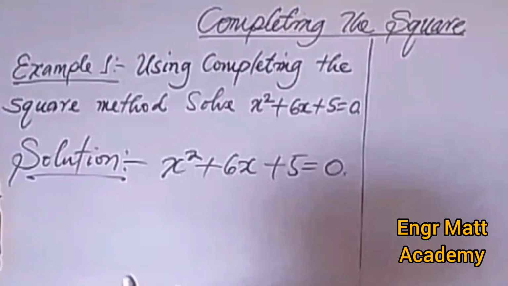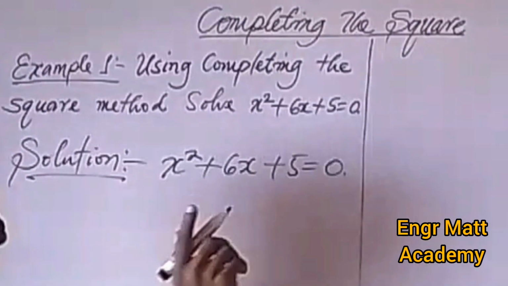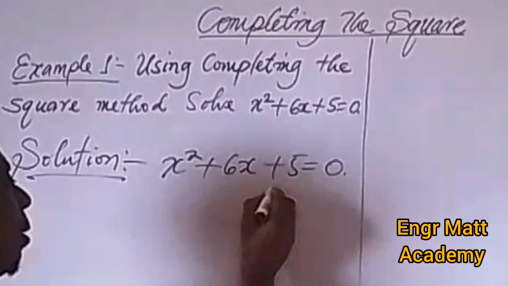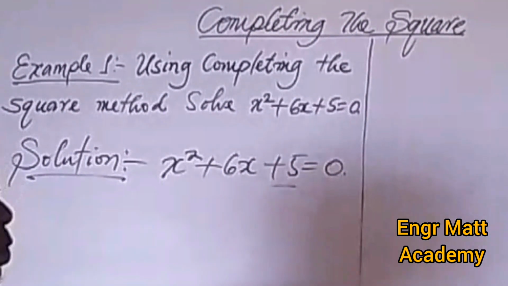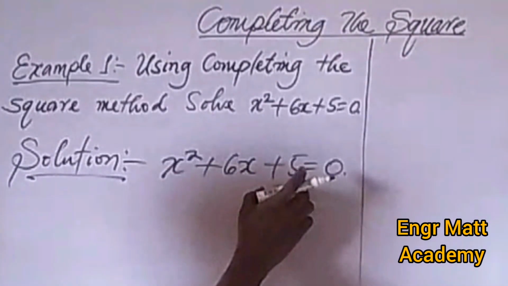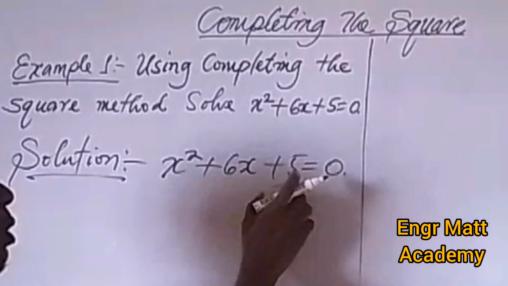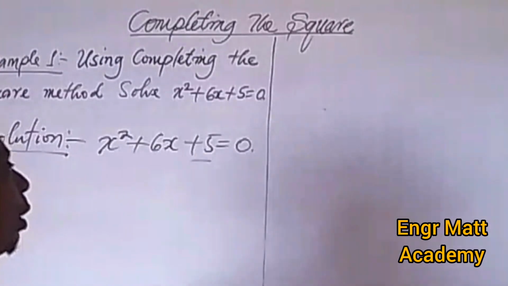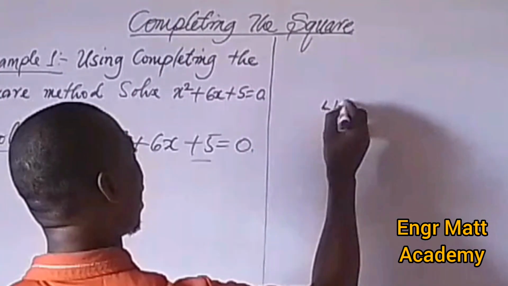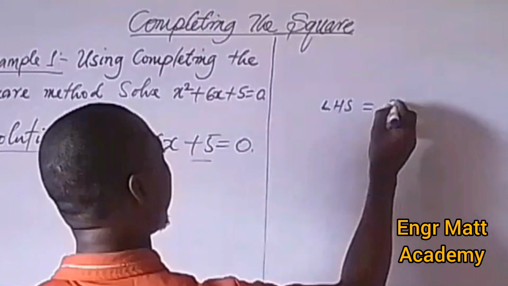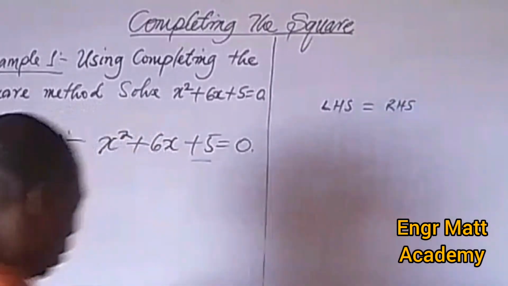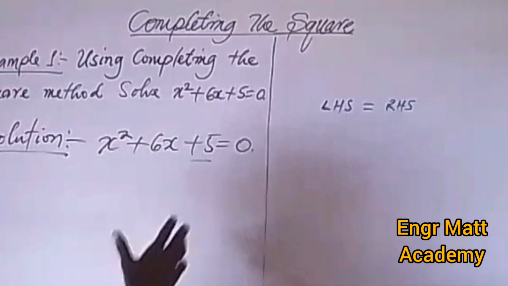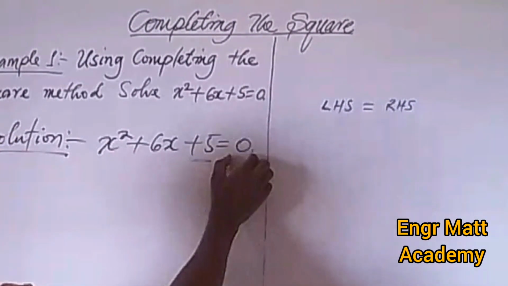The first step is to move the constant to the right hand side of the equation. The constant here is plus 5. We need to move it to the right hand side of the equation. Remember, every equation has the left hand side and the right hand side. In our quadratic equation here, on the right hand side we have 0.